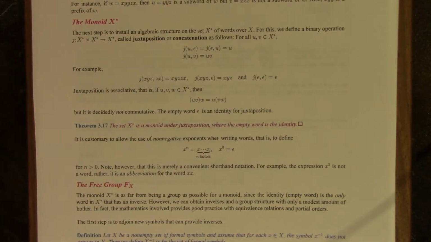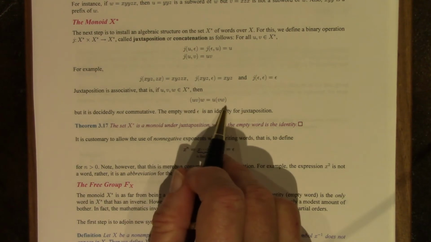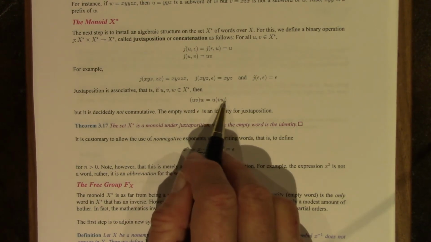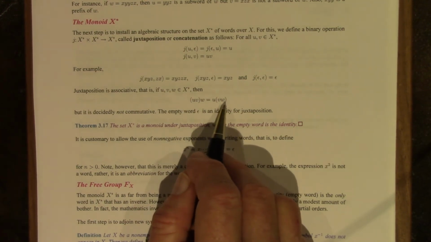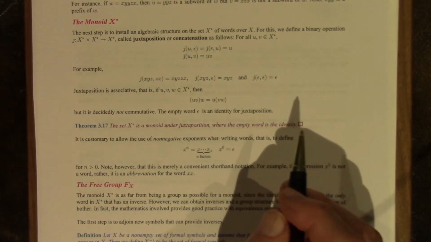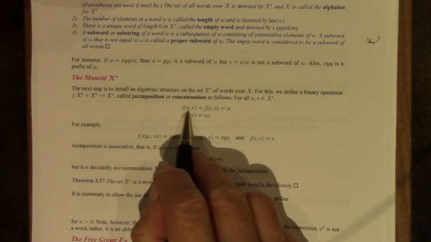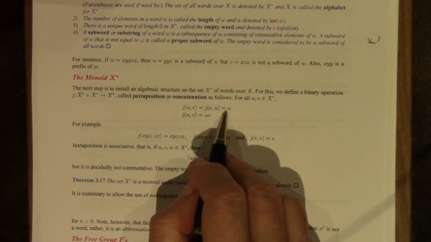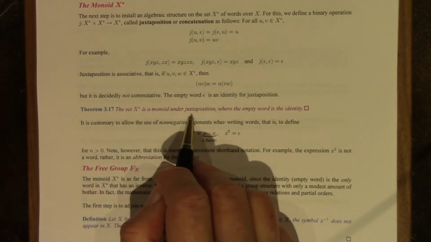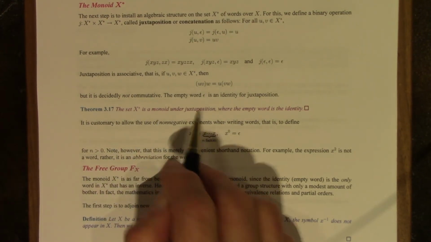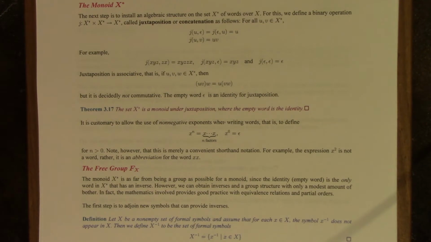Juxtaposition is associative, satisfies this property, but it's decidedly not commutative. The empty word is an identity for juxtaposition, essentially by definition here. So X star is a monoid under juxtaposition where the empty word is the identity.